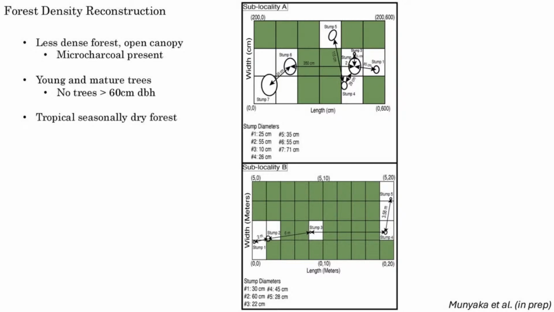The top panel shows sublocality A, and the bottom panel is showing you sublocality B. With that, we can use some allometric studies on the tree base per height, plotting it to about 1.3 meters, and understand what type of forest we are looking at.